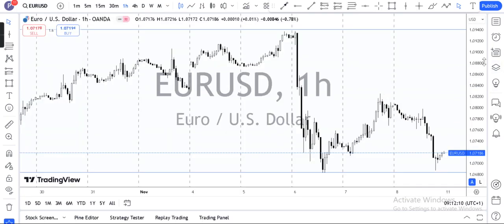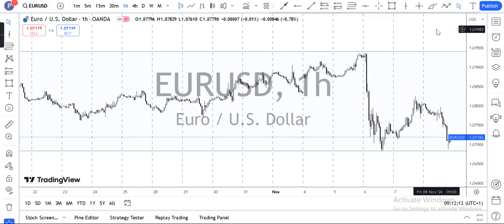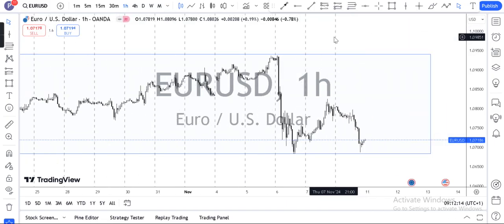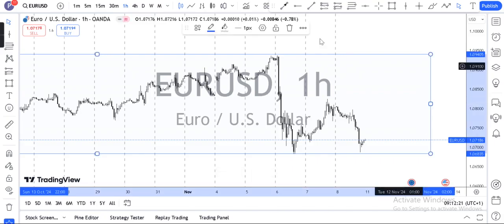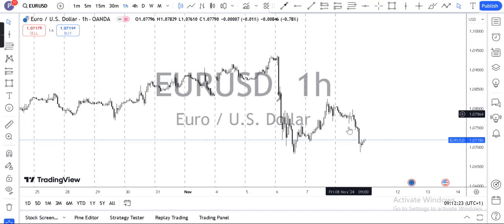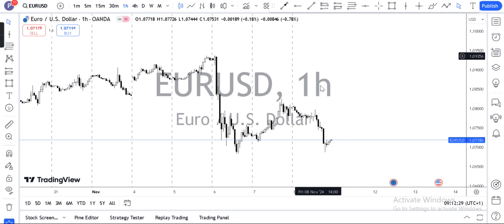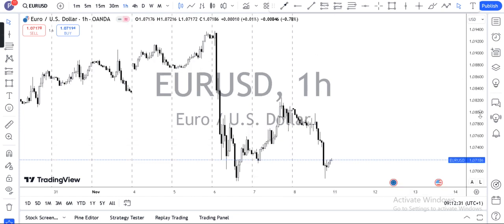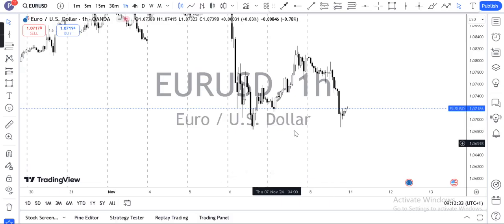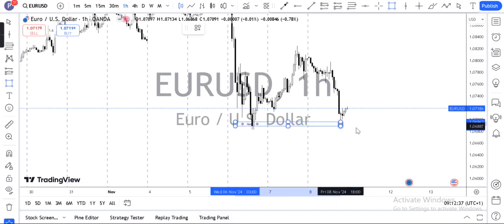Now we clearly can see this was the level of support. I'll remove this column so that we can do our analysis freely. At this level of support, we can see that the market created what we call a support.